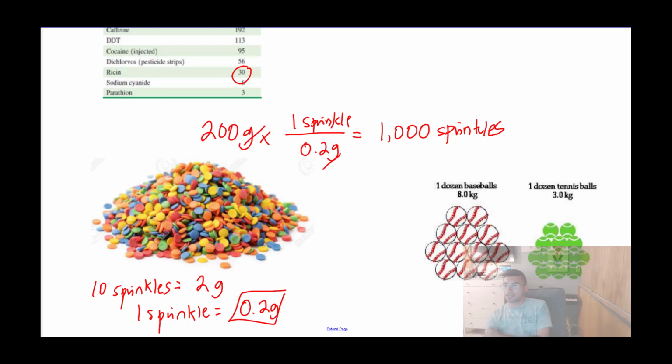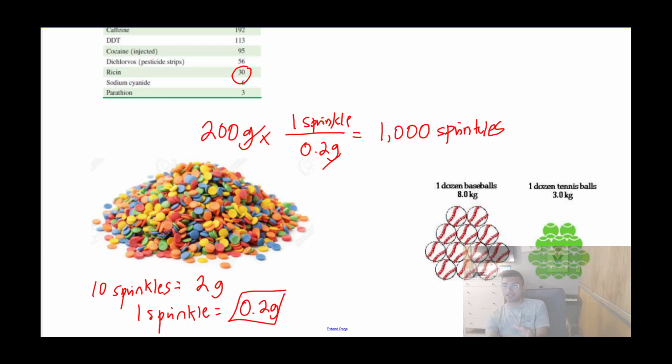We related this idea to atoms, but also other objects. In the example I gave you here, I know we used examples in class like sesame seeds and sunflower seeds, but even if you consider baseballs and tennis balls, if you have the same number of each, because each of you had the same number of objects in your bag, but the masses were different because each individual item is different. 1 dozen baseballs means you have 12, and 1 dozen tennis balls means you have 12 in terms of quantity.